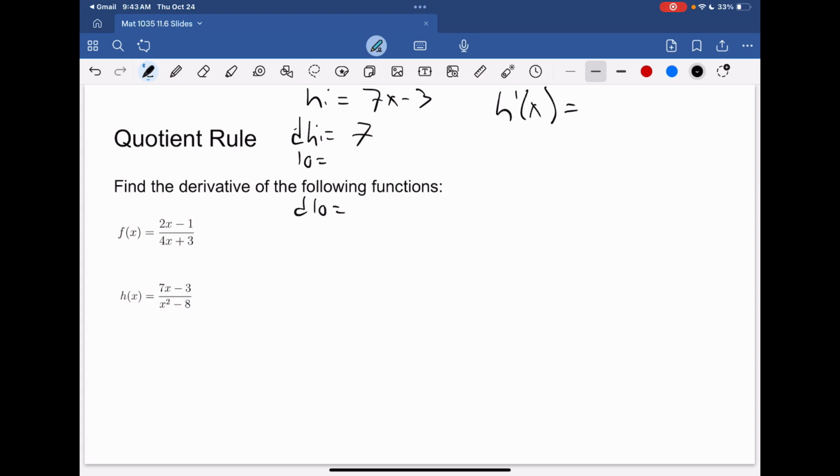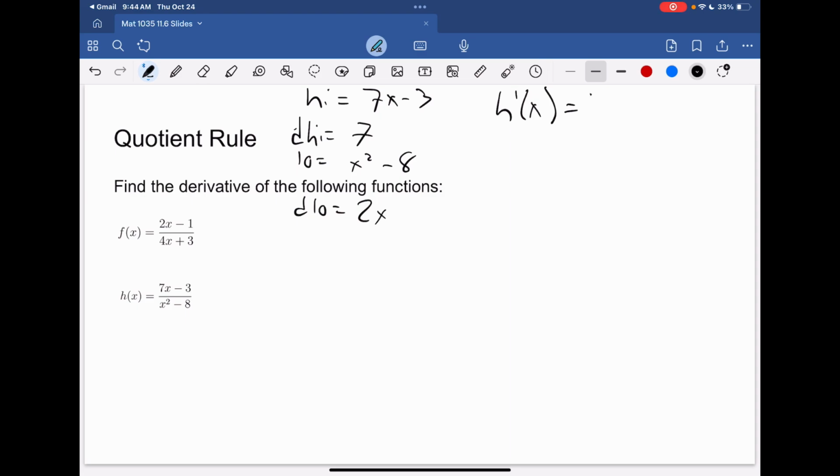My low is x squared minus 8. So my d low, I'm using the power rule here. I'm going to bring the 2 out front. That becomes 2x. My new power would be 2 minus 1, which is 1. So I'm good there. Negative 8, the derivative of that's 0, so I can just ignore it. Okay. So now I have all the necessary information that I need.